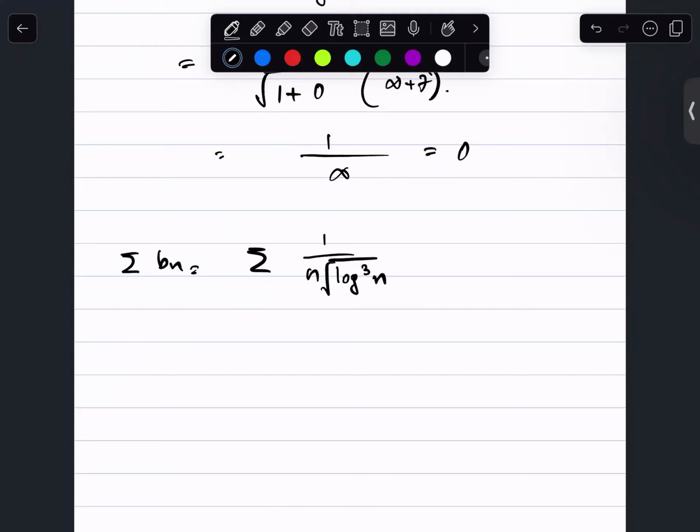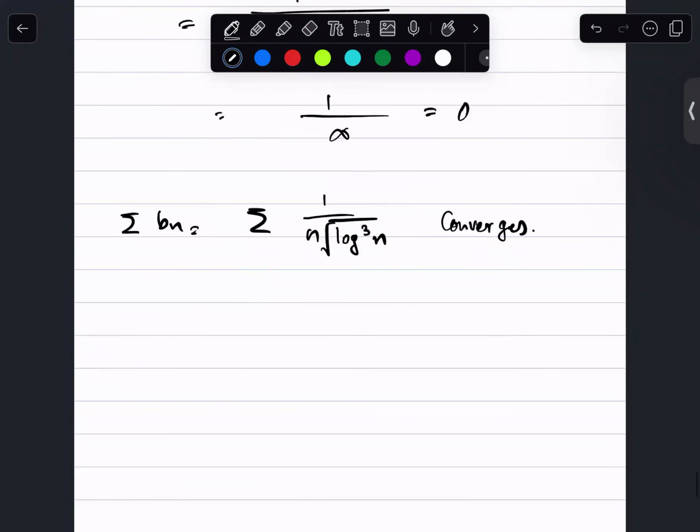My claim is this converges. And for that, you need to use the integral test. Some examples can be a little dirty. You have to use other tests to verify whether your bn is convergent or not.